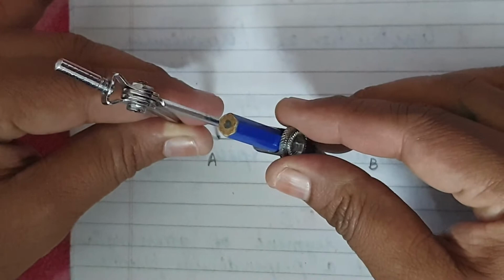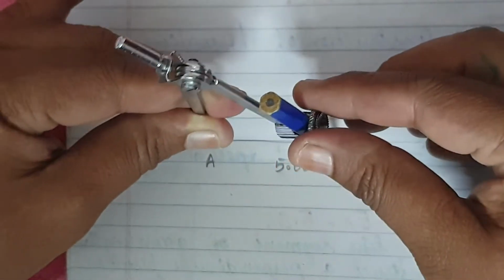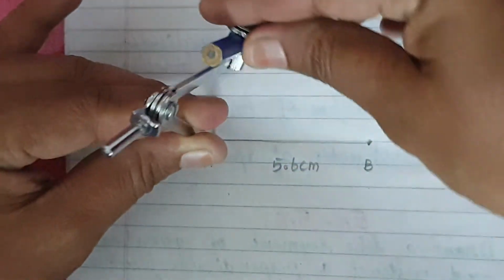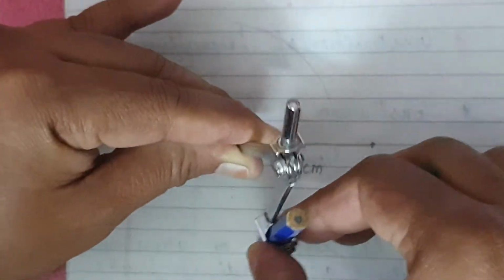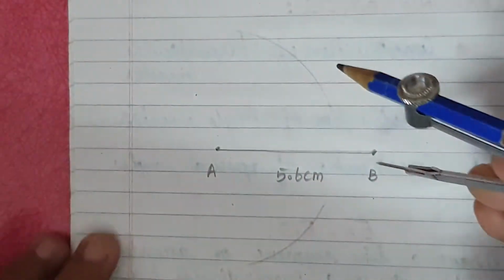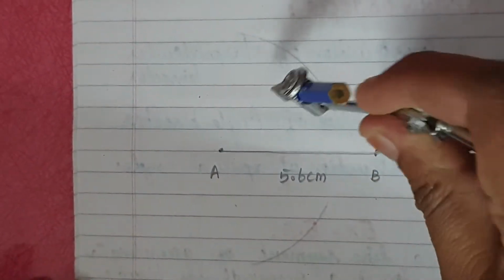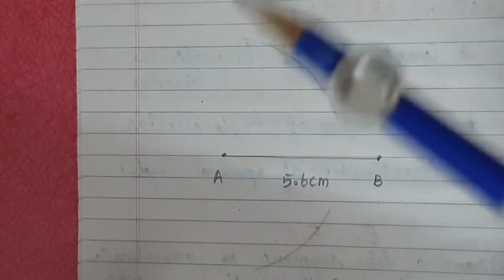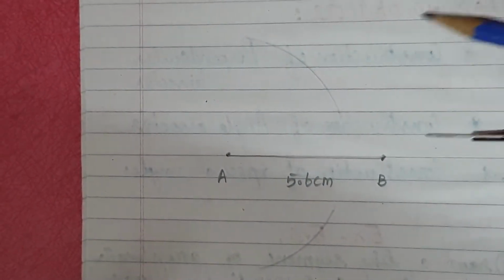So keep the metal end at A and by taking more than half, draw an arc up and down. You should not repeat, but for video purpose I repeat because it should be dark. With the same radius, I am not changing the radius.